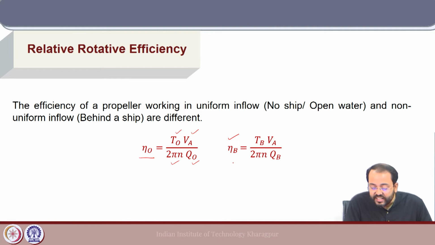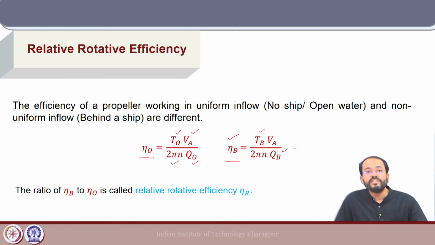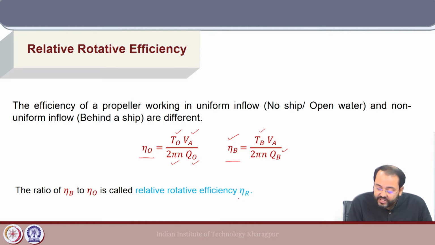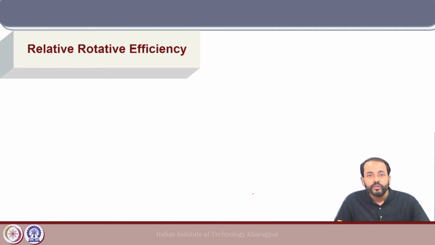So, in the behind condition, in a very similar way, instead of TO and QO, we will be having TB and QB, which are the thrust and torque in the behind condition. So, eta B here is the efficiency of the propeller working behind the ship hull in the wake of the ship. So, the relative rotative efficiency is defined as the ratio of eta B to eta O. So, eta R is the relative rotative efficiency given by eta B divided by eta O.